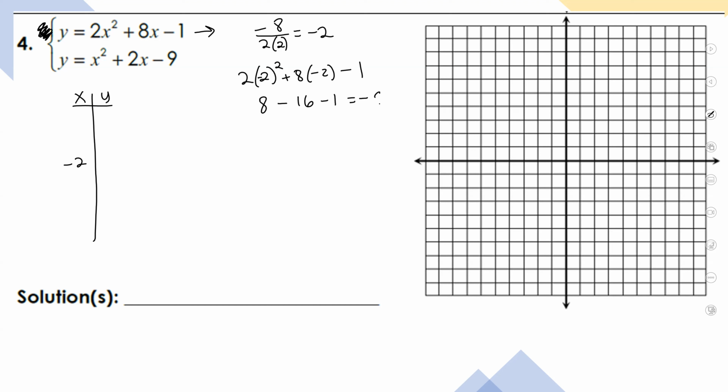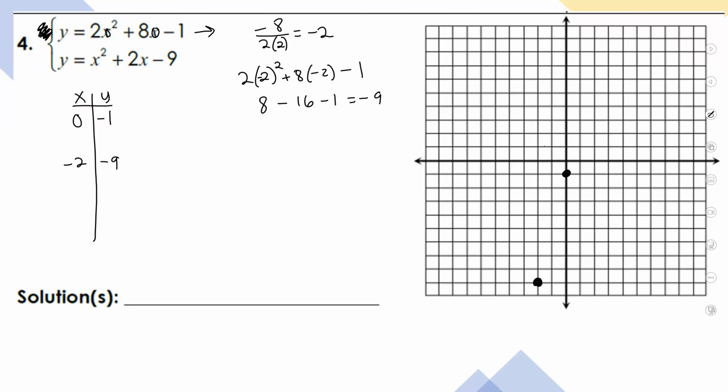This is negative 9. So I know what the vertex is. It's at negative 2, negative 9 right there. I also know that my y-intercept, if I plug in zero here, is negative 1. So 0, negative 1 would be the y-intercept right there.